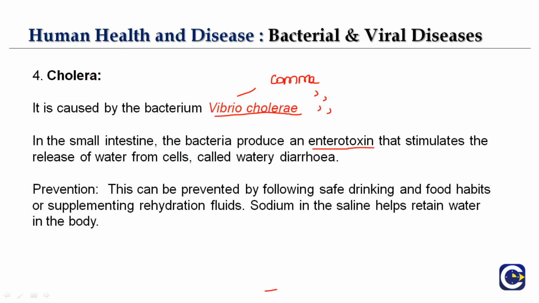Okay, again, the mode of entry for this cholera is contaminated water, especially contaminated water. So what happens is once it is ingested and once it starts affecting the host, it produces a toxin called enterotoxin, which stimulates the release of water from cells called watery diarrhea. So it ends in watery diarrhea.